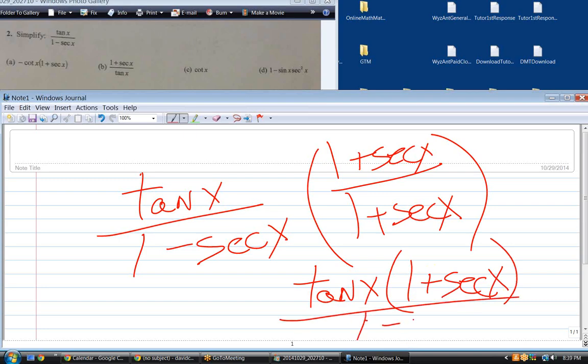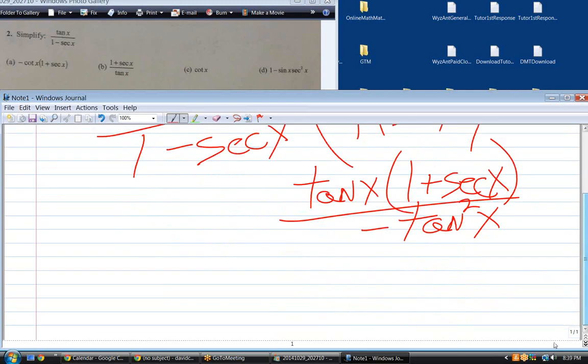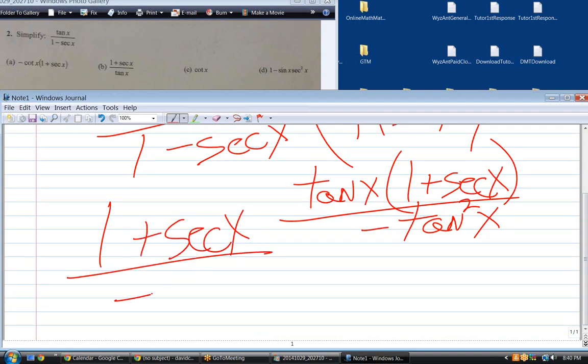That gives me 1 minus secant squared there. Now I can substitute negative tan squared for that. Now I can simplify it. And I get 1 plus secant x over negative tan x.